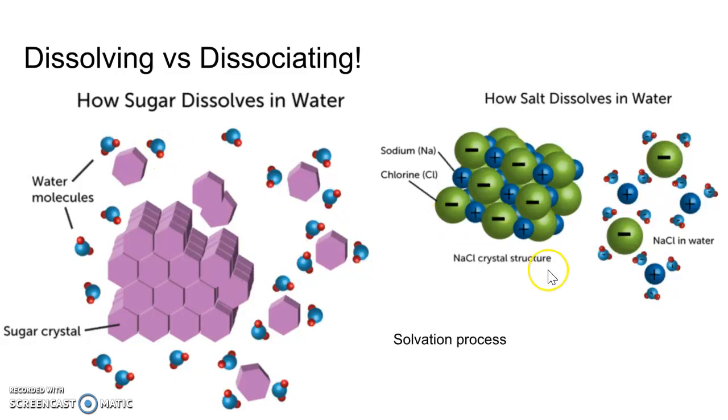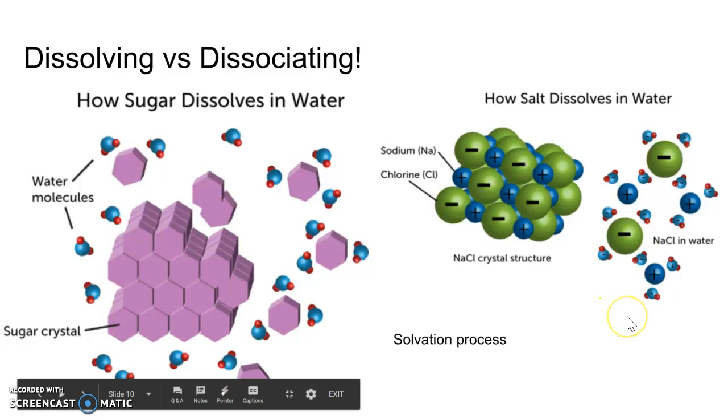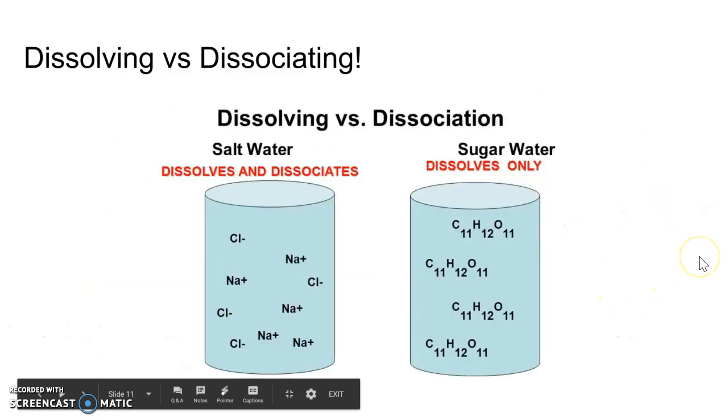Now, a similar thing happens to salt, but remember we used that word dissociating before. When salt dissolves in water, it breaks up into individual ions. You can also see that the water molecules orient themselves in a very specific way around those different ions. Kind of cool to look at. I think this is also a pretty great one to look at.